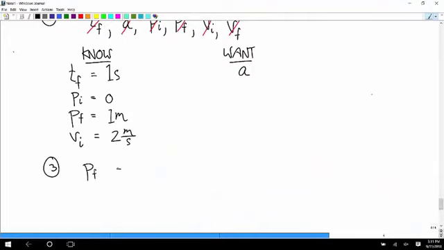So this equation that says p final is equal to p initial plus v initial time final plus 1/2 a time final squared. That one works. Now I'll fill this stuff into the equation.